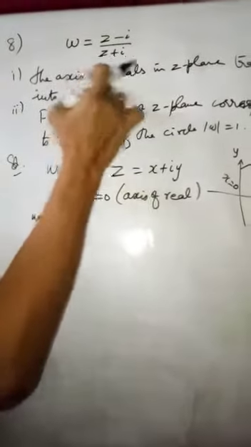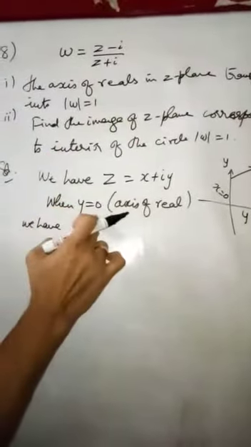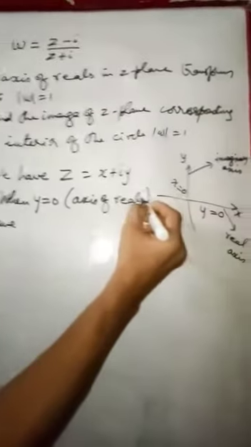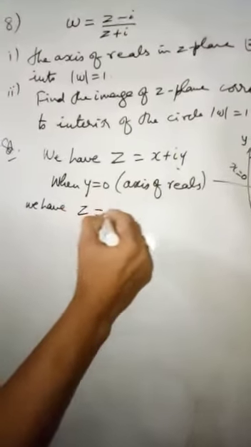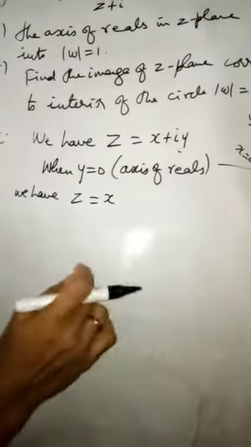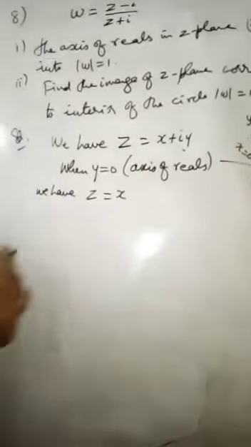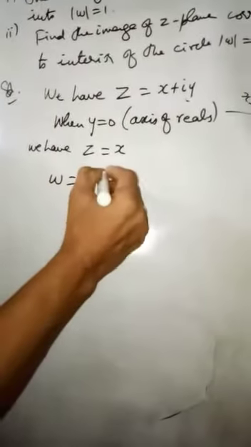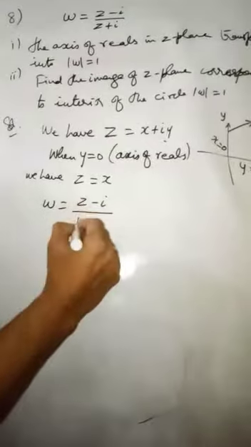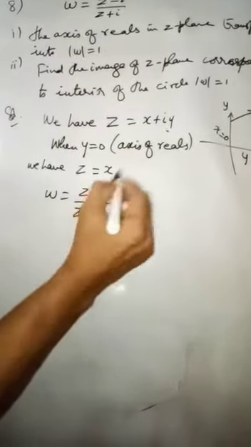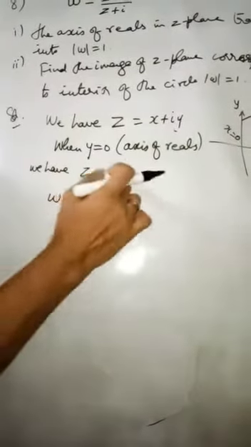When y equal to 0, that is the axis of reals, this equation becomes z equal to x plus 0, so z equal to x. Now given the transformation omega equal to z minus i by z plus i, substitute z equal to x here.